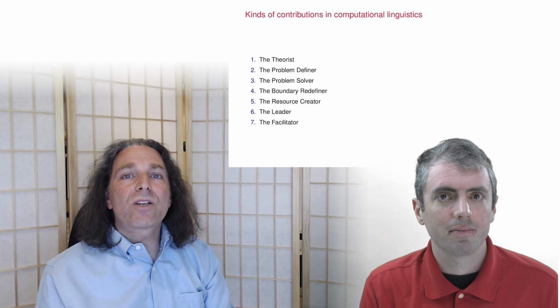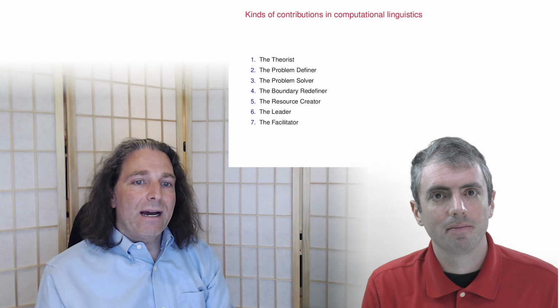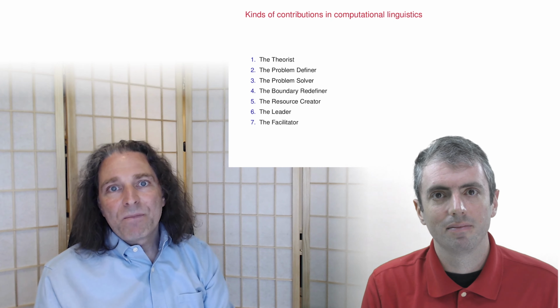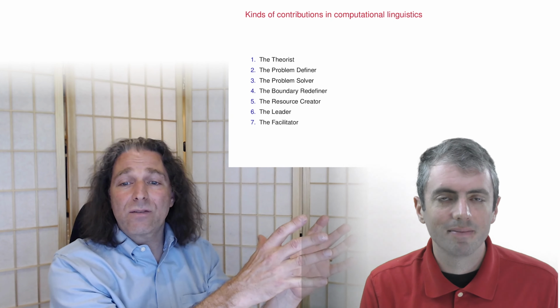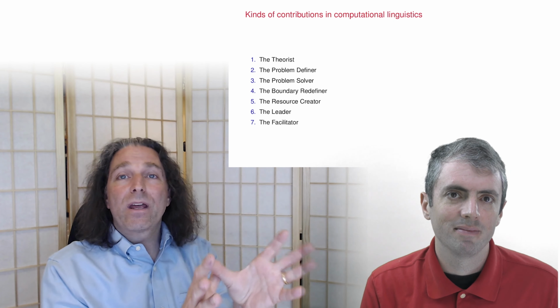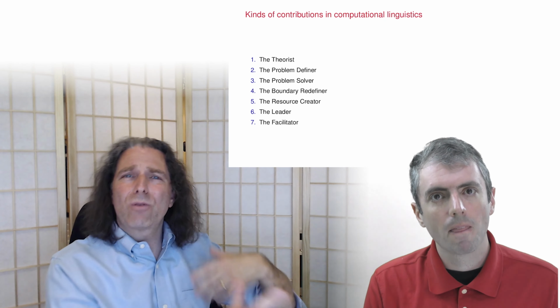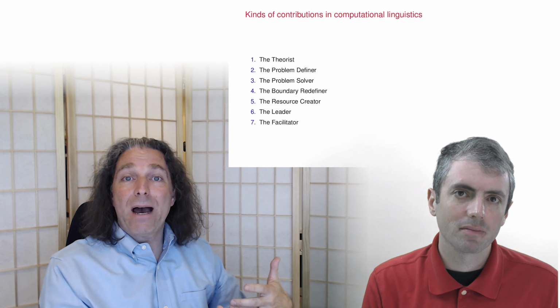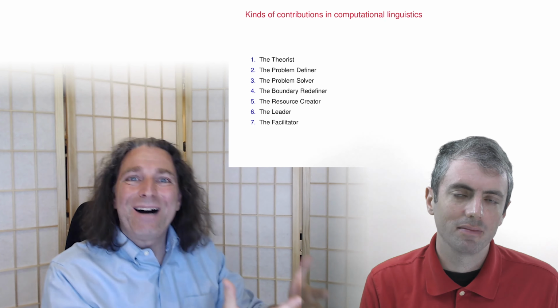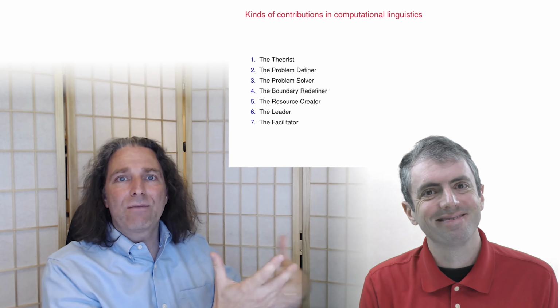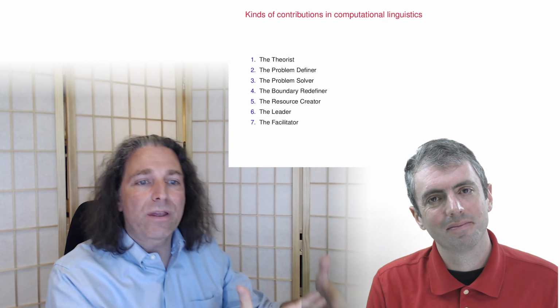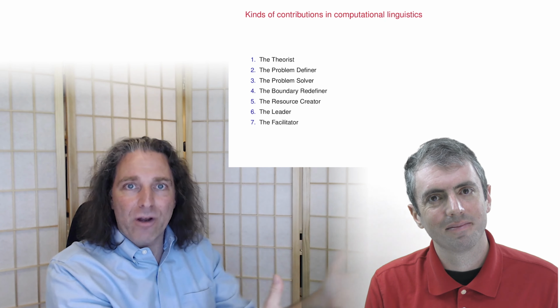I usually start by making a roughly three-way distinction between theoretical kinds of contributions, algorithmic, and experimental, where the theory can be about proving things, or it can involve the reasoning that goes into theorizing as a backdrop for other kinds of work.